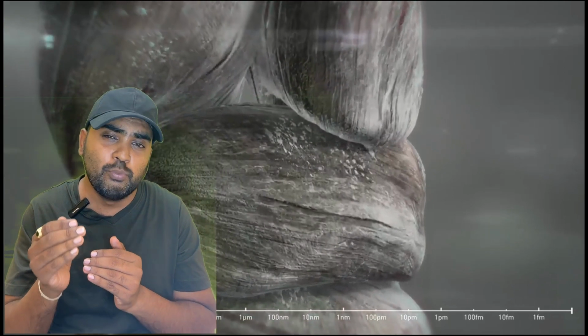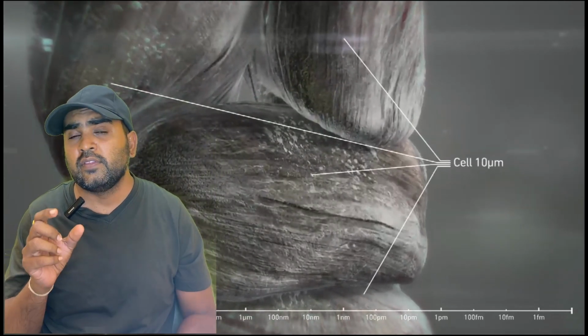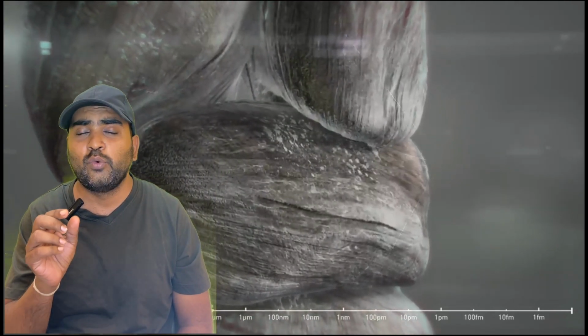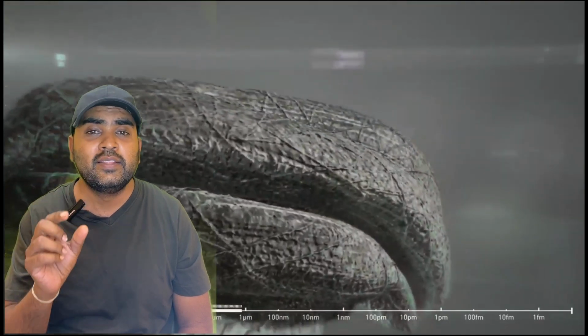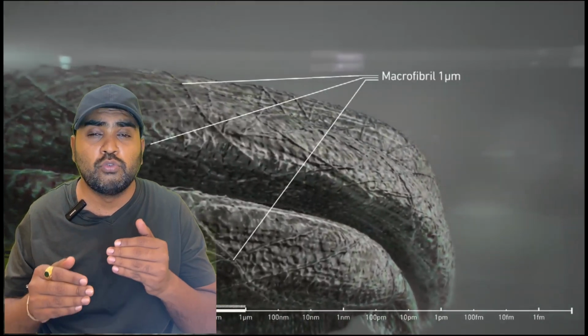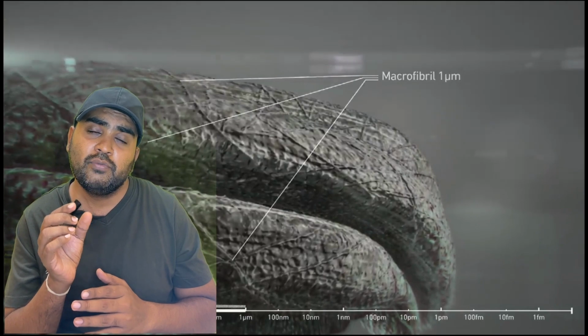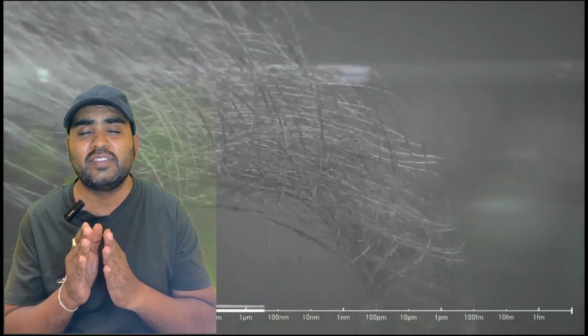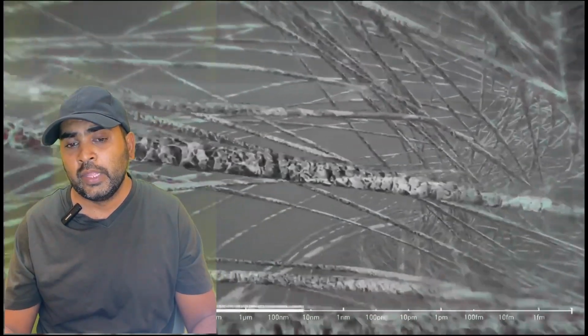If you zoom it once again, the cells which we are observing are around 10 micrometer in thickness. If you zoom it once again, the cells which we are observing are around 1 micrometer.